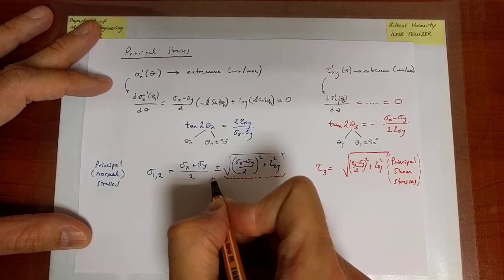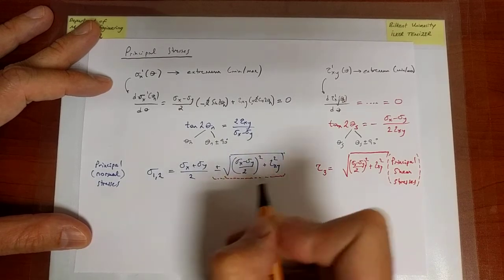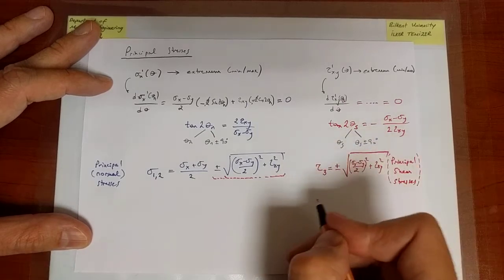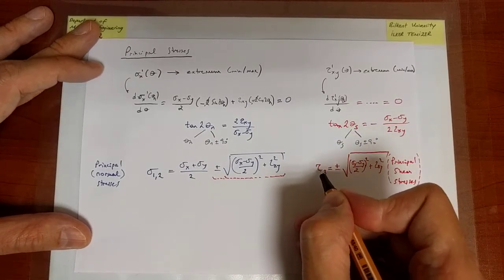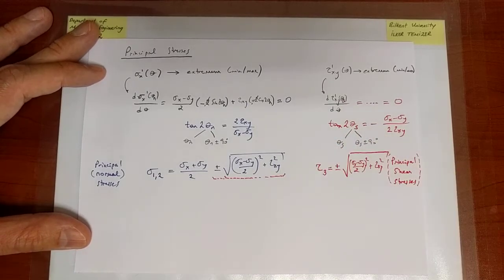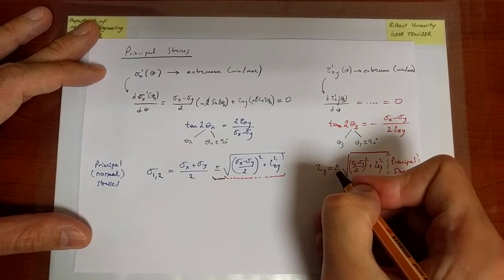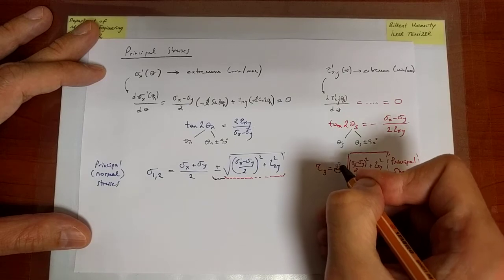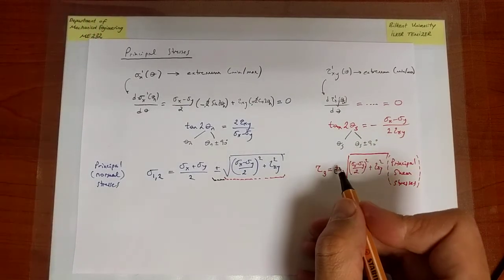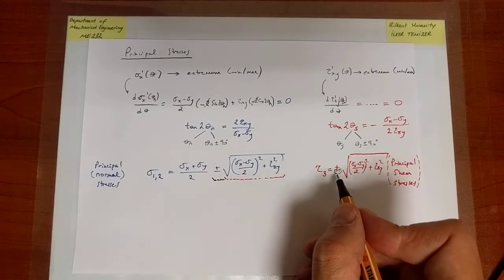In fact, even the plus minus part isn't there because, again, there will be two values, and it turns out for tau 3, I will write only one because it's sufficient to take only one, plus or minus. I know that if there's a plus, there will be a minus. It's easy to remember that.